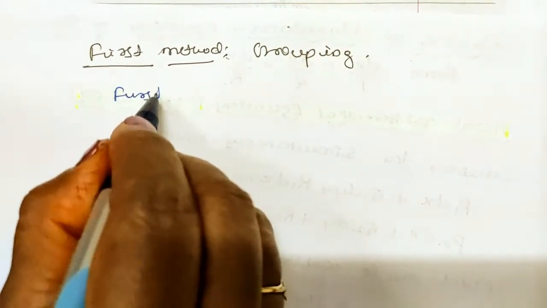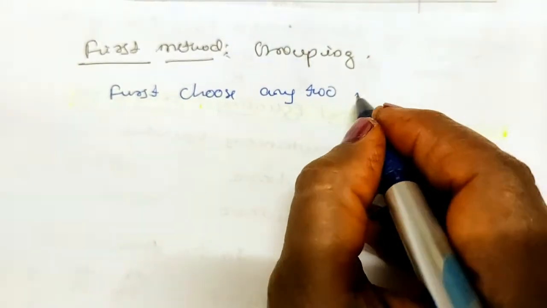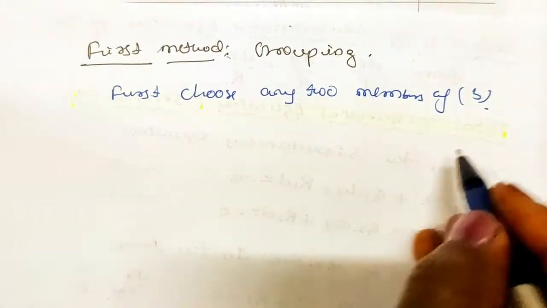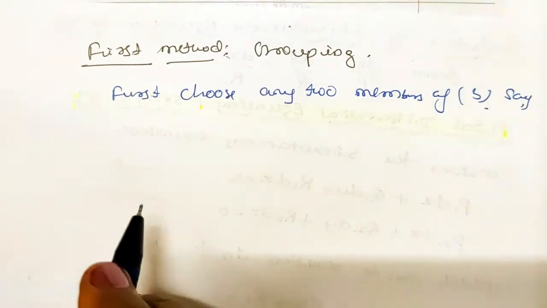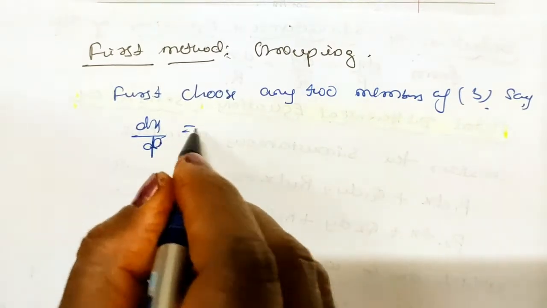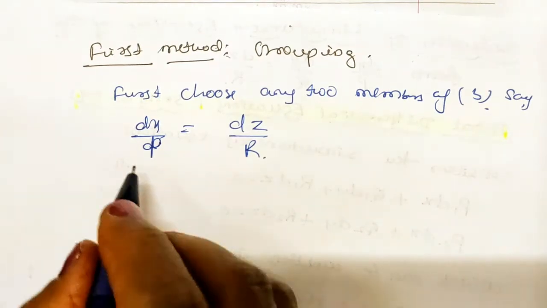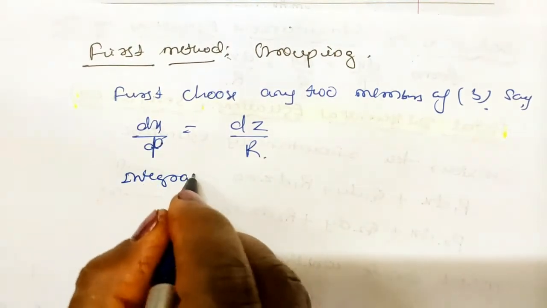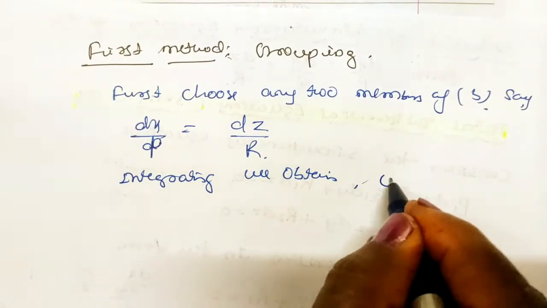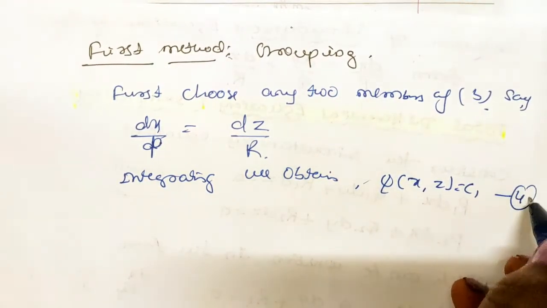That is, say dx by P is equal to dz by R. Then integrating, we obtain a function of x and z: phi 1 of x comma z is equal to c1. Take this one as equation number 4.